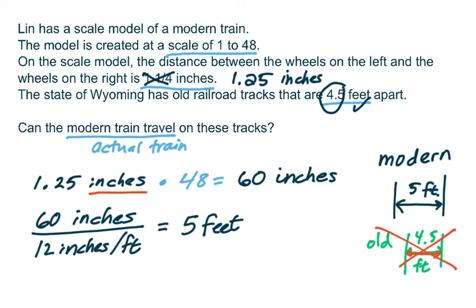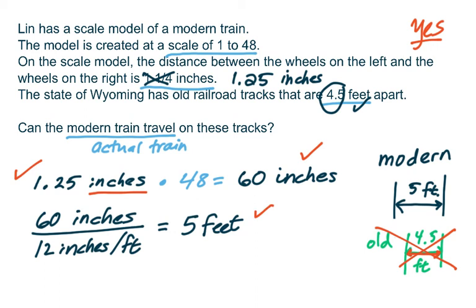If you chose the wrong answer of yes, there are lots of places where you could have gone wrong in this problem. There are just lots of steps, right? So first you have to change the inches from the model over to the inches in real life. Then you need to change that over into feet.